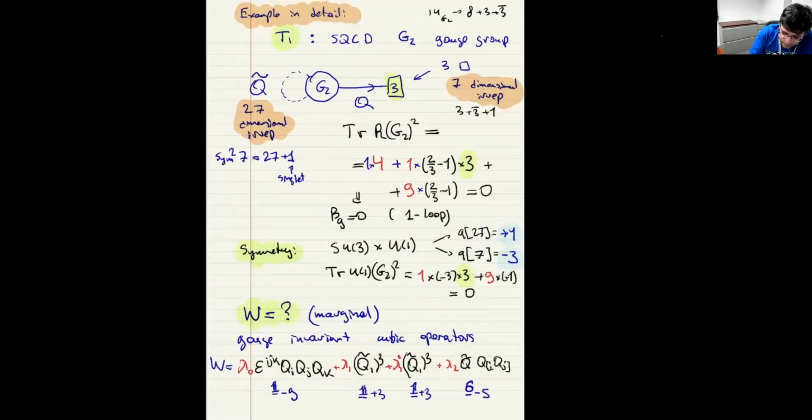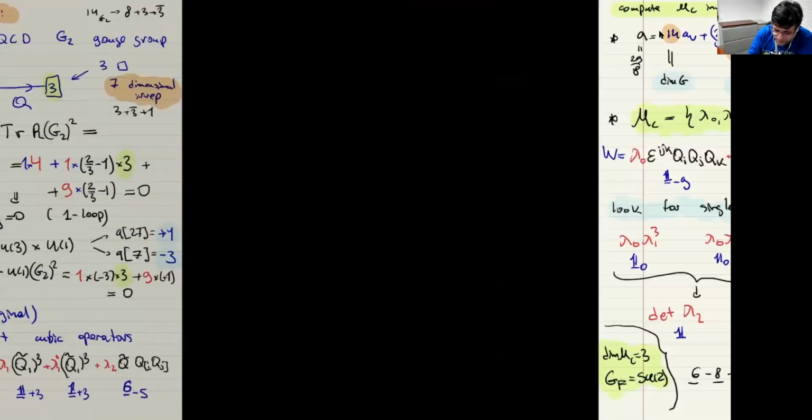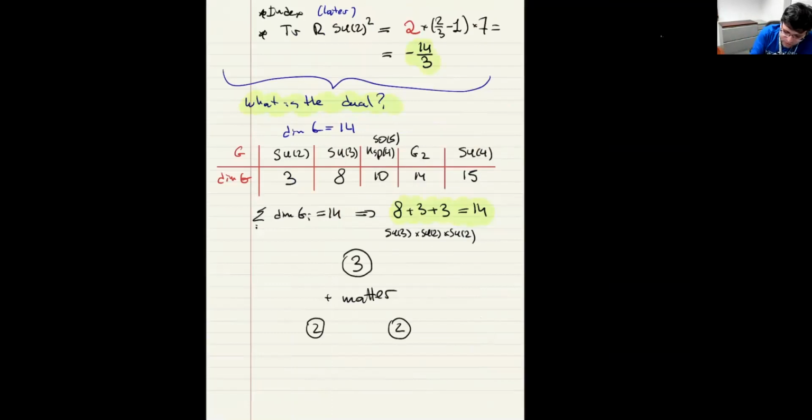On a generic point of the conformal manifold, we break this SU(3) symmetry into SU(2), such that a 3-dimensional representation of SU(3) is the adjoint of SU(2). So you can think of this triplet of Qs as being in the adjoint representation of the preserved SU(2). Since this is a 7-dimensional representation of G2, you have 7 adjoints of SU(2). So that is the 't Hooft anomaly that you will get.